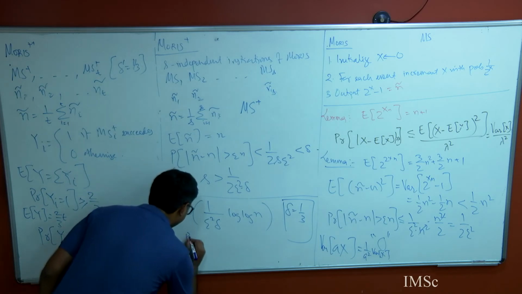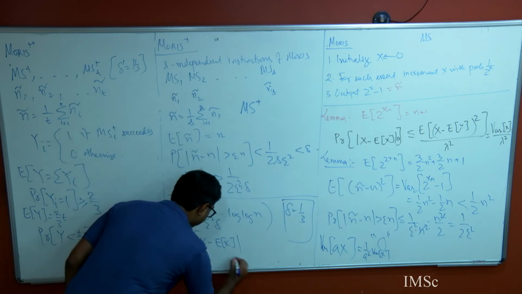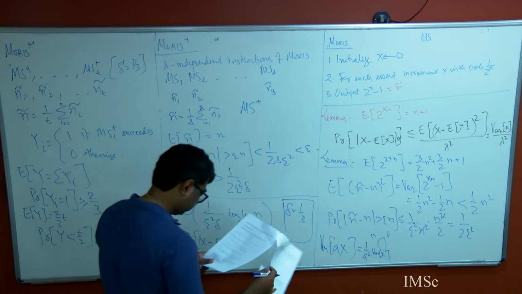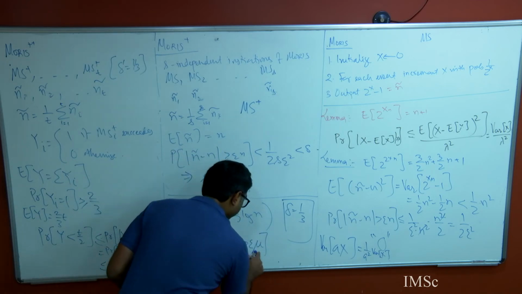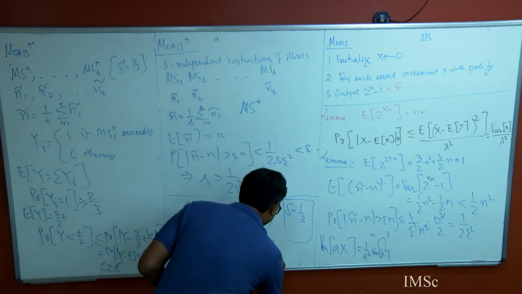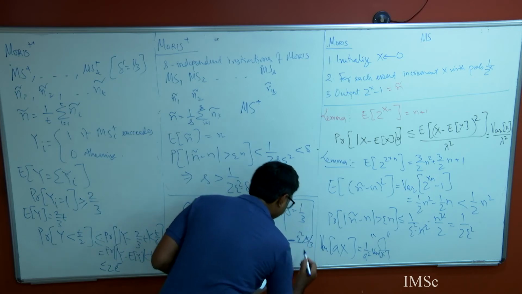Chernoff said that the probability that x minus expectation of x is greater than or equal to epsilon times mu, where mu is the expectation, is upper bounded by 2 times e minus epsilon square mu by 3.